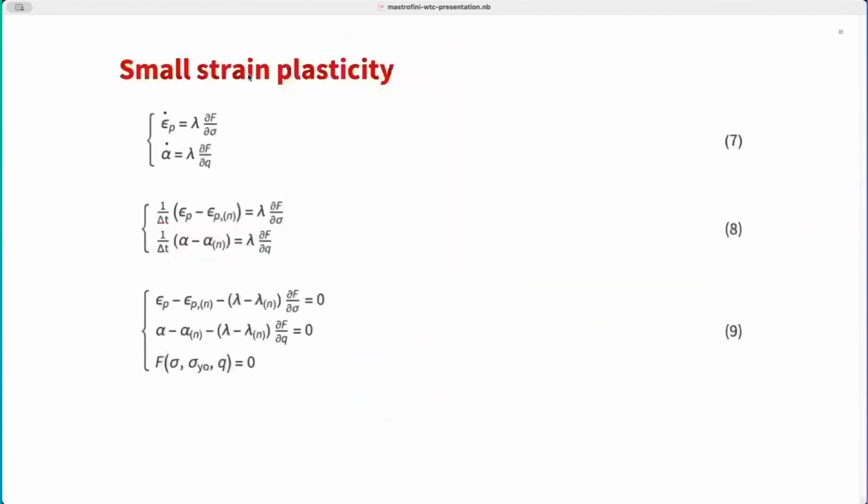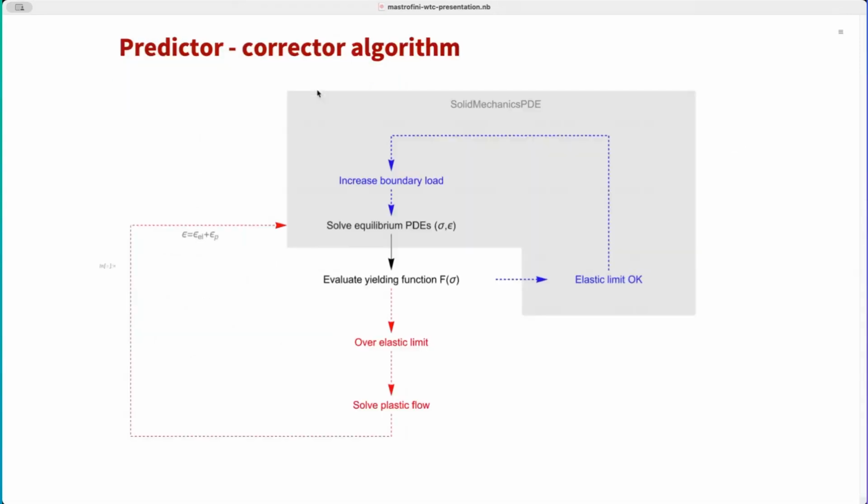And so we can solve this equation with several iterations over the material. To solve this problem, we can implement a predictor corrector algorithm that can be done as expressed in this scheme. Once we solve the equilibrium, we can use all the functions from the mathematical solid mechanics PDE library. We can evaluate the stress and strain, and in particular, we can evaluate the yielding function.